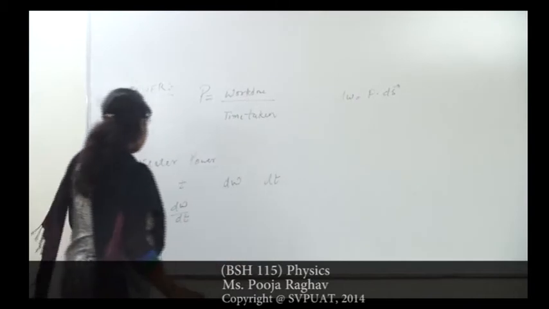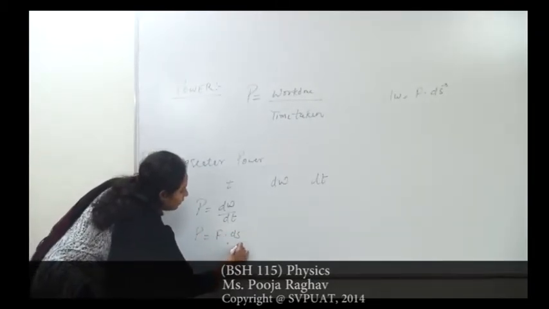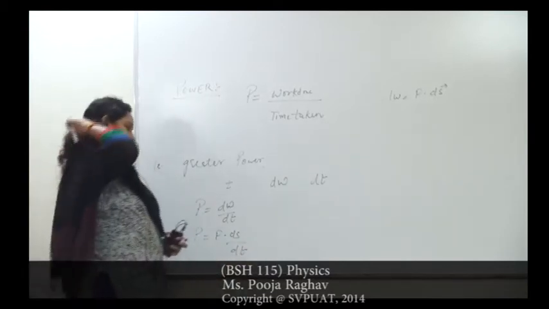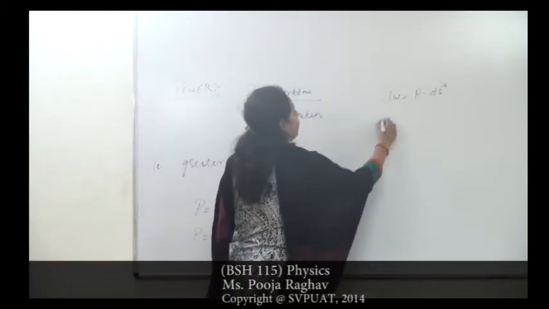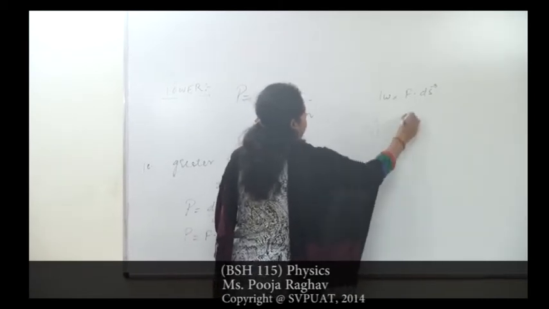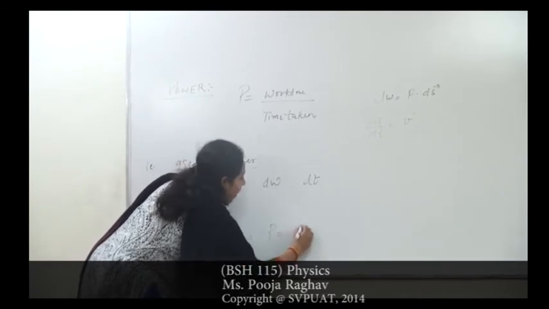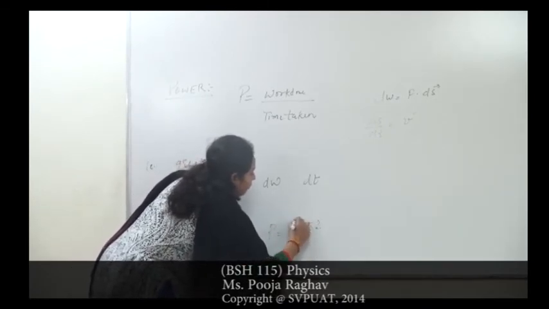We replace it by F into ds by dt. We know that ds over dt is equal to velocity. Then we get P equals F dot V.